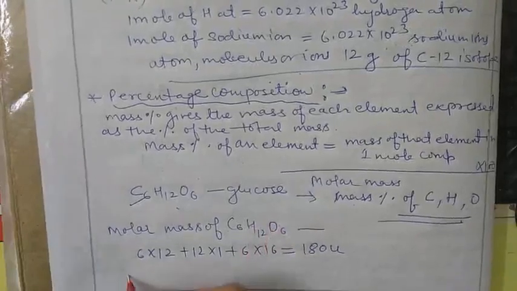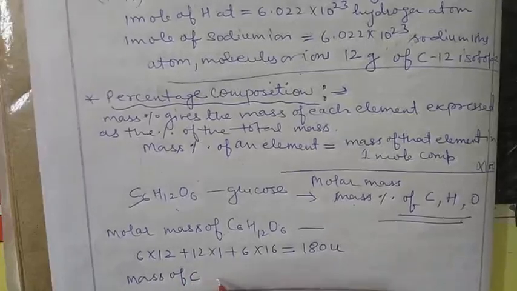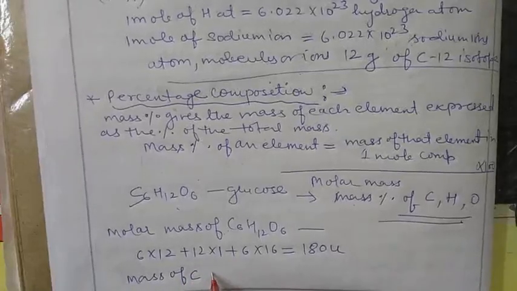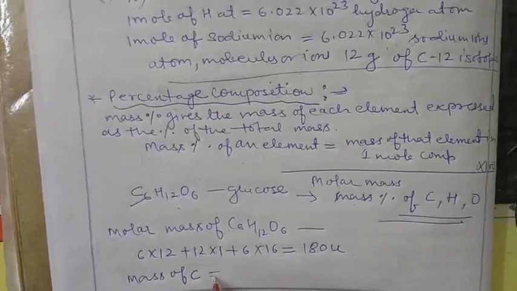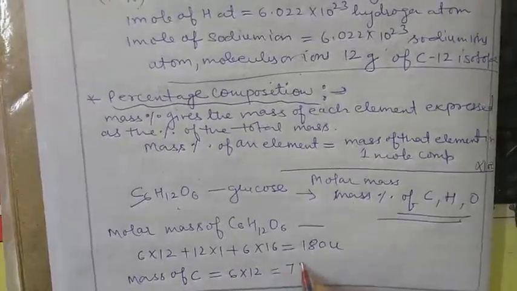Clear? So to find out the mass of carbon, it is equal to 6 multiplied by 12. How much do we have? 72.